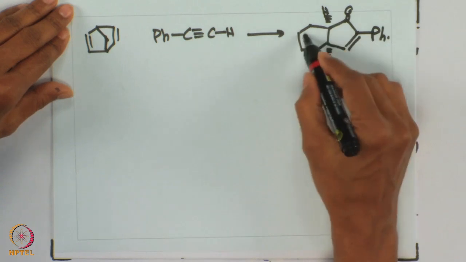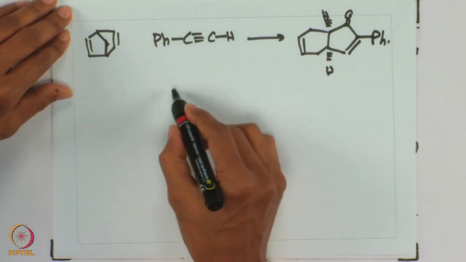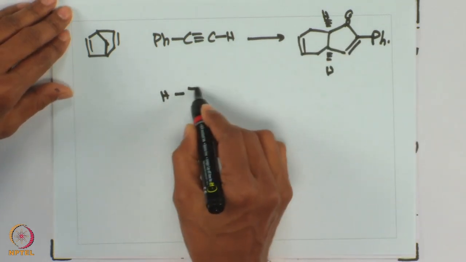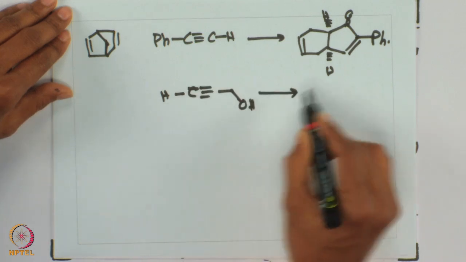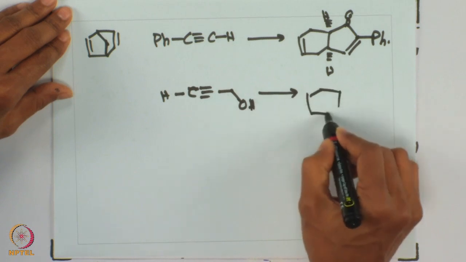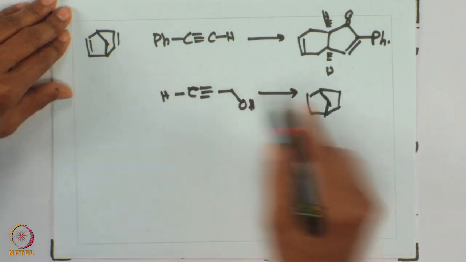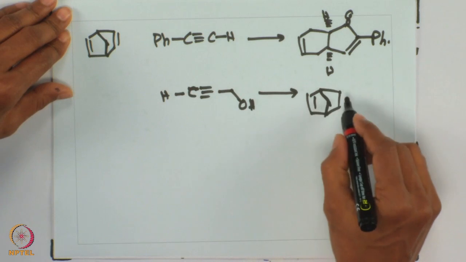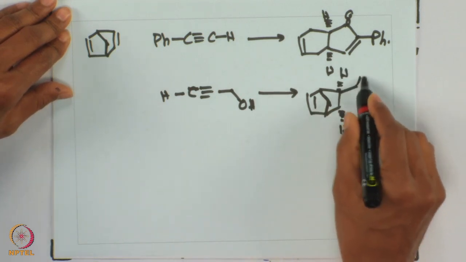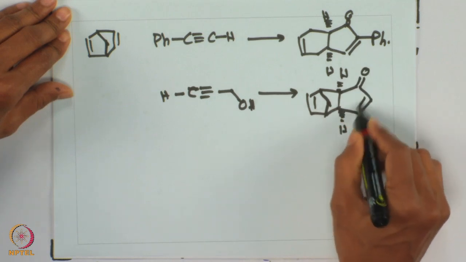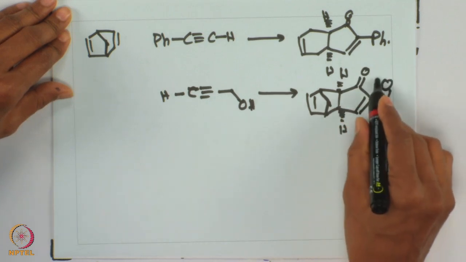This is nearly 90% yield, and if you are taking a propargyl alcohol, once again you can get the desired product with norbornadiene, and this regiochemistry is quite efficient, and only one product is forming usually for these cases.